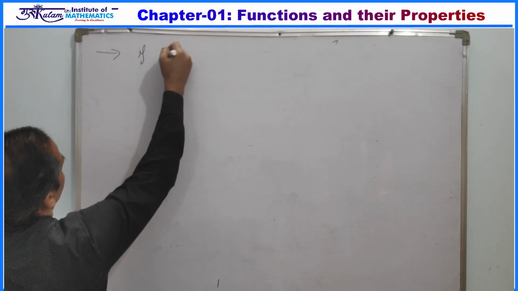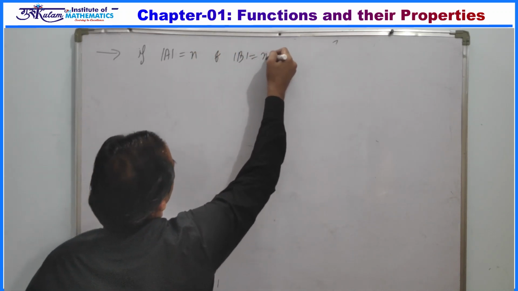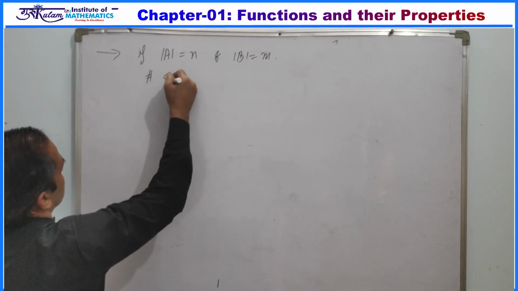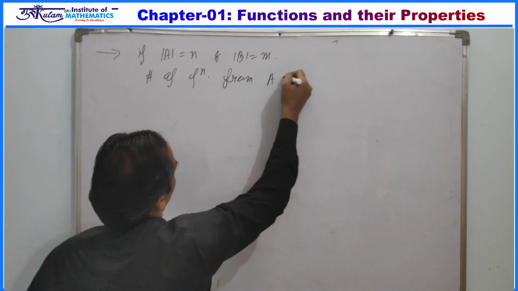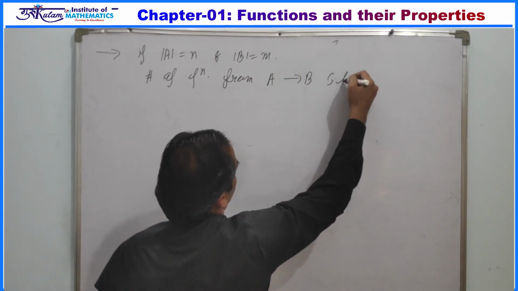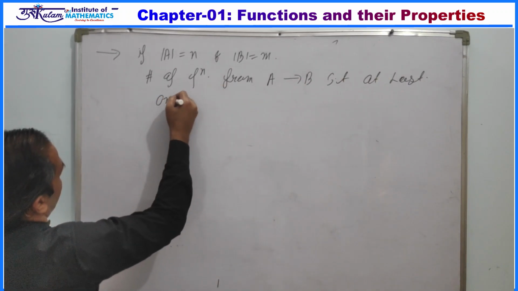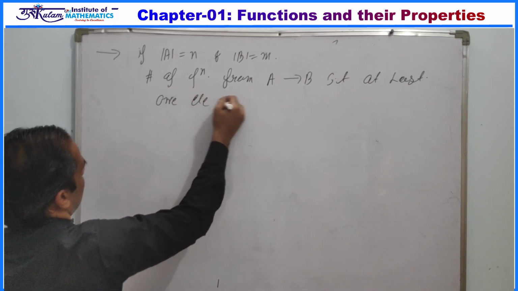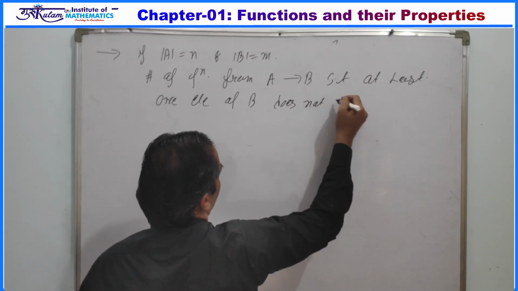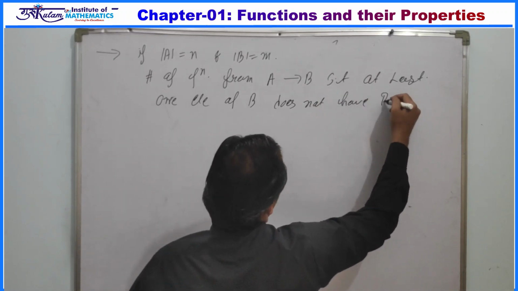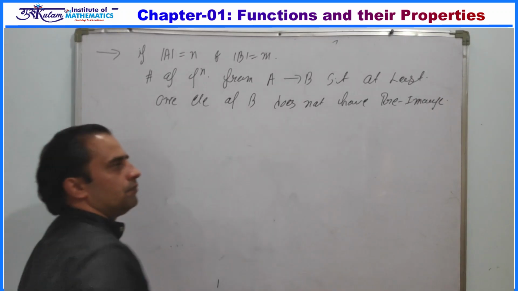So if we have A with n elements and B with m elements, then the number of functions from A to B such that at least one element of B does not have a pre-image.